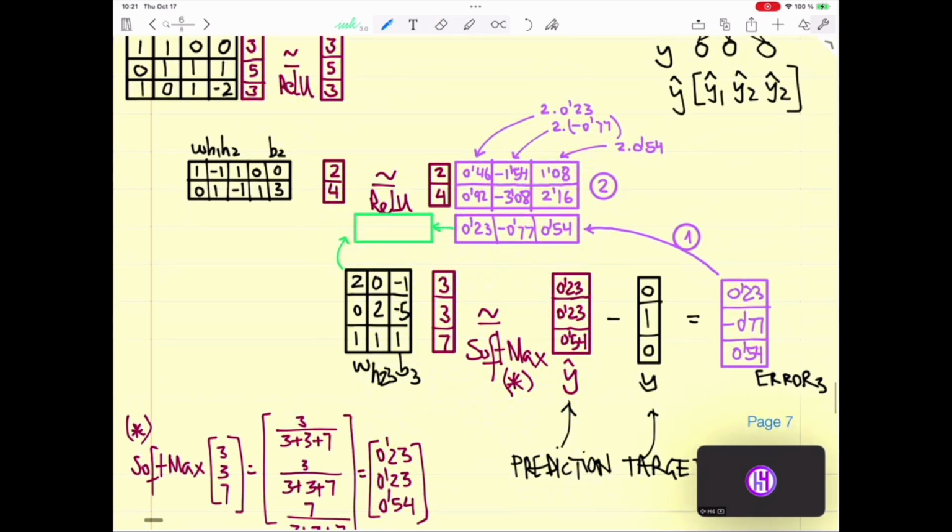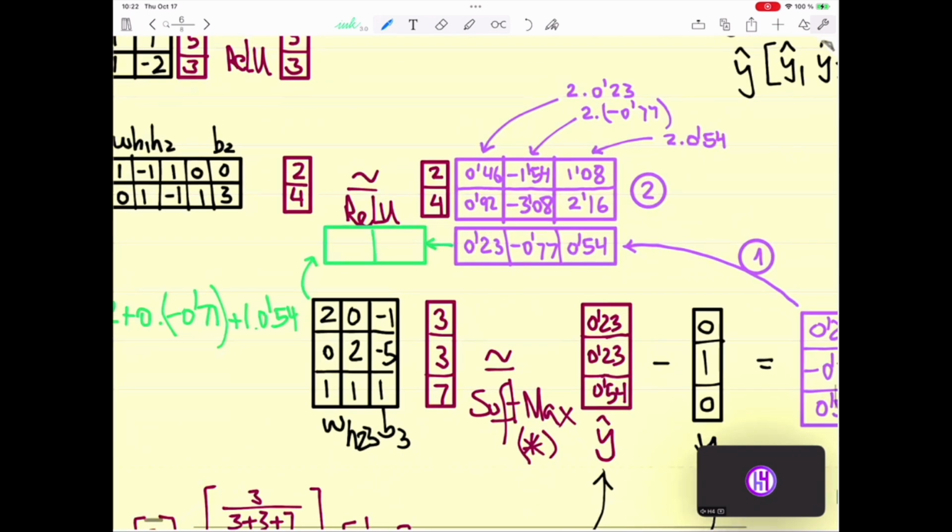So we get what we get. It's 0.23 times 2 plus 0.77 plus 1 times 0.54. This turns out to be 1.